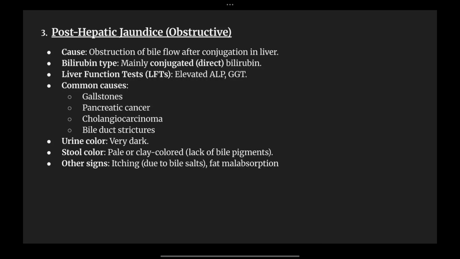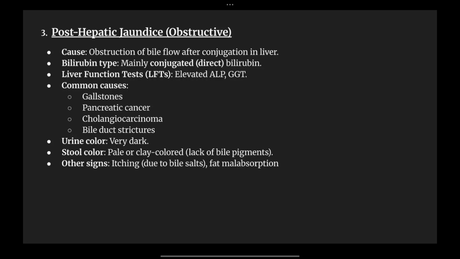ALP and GGT are the two enzymes that are again found inside the liver and sometimes in bile ducts and bones as well. ALP is alkaline phosphatase and it helps in the breakdown of the phosphate compounds that are important for bile secretions. If there are elevated levels of ALP, it is considered to be post-hepatic jaundice, or GGT, which is gamma glutamyl transferase.